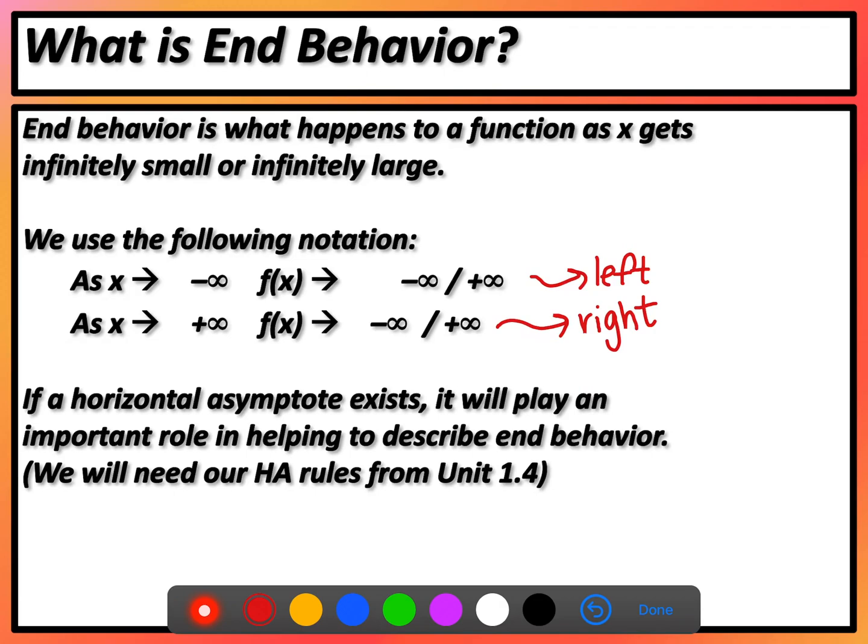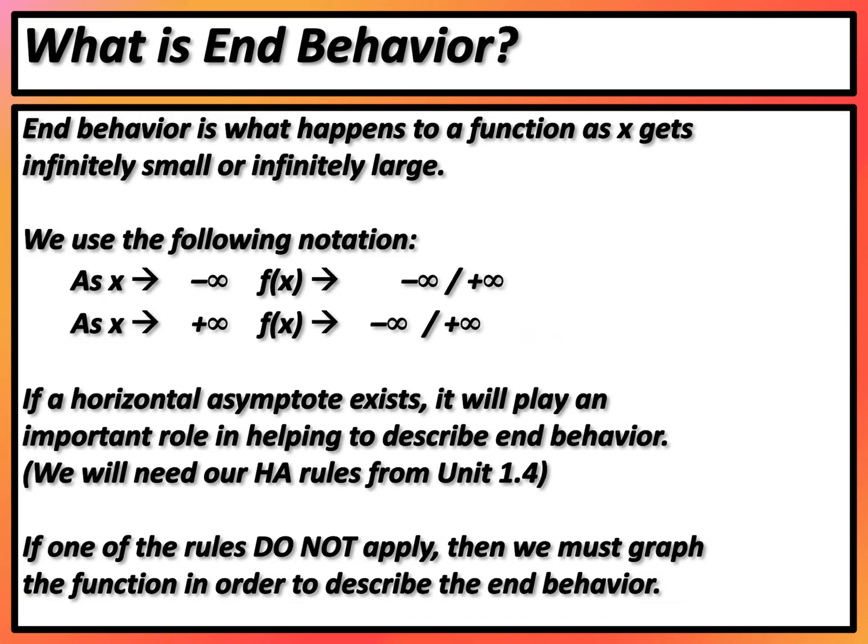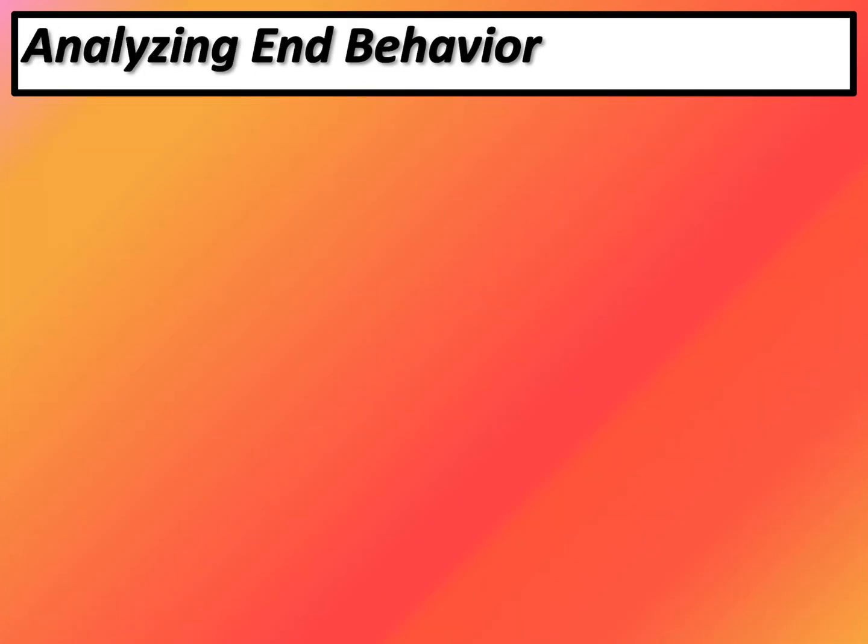So having your grapher handy for today is going to be important, and your rules for finding horizontal asymptotes. If we do not have a horizontal asymptote, that's when you're going to need your grapher in order to see what the ends of the function are doing.